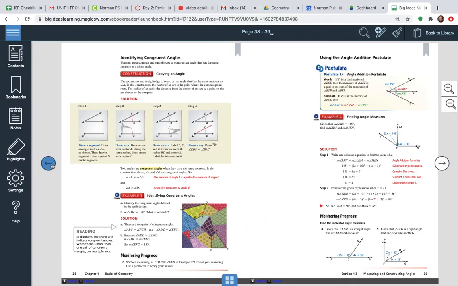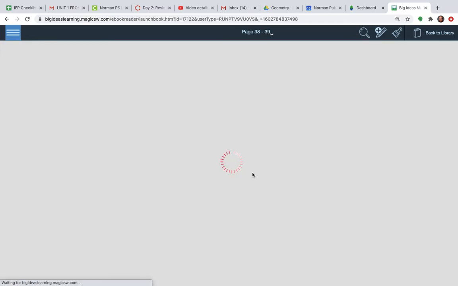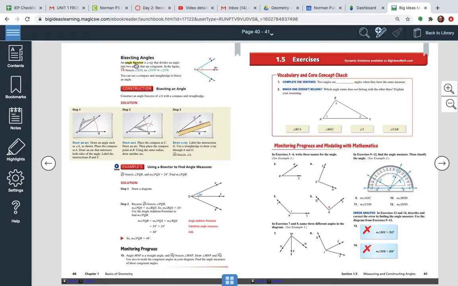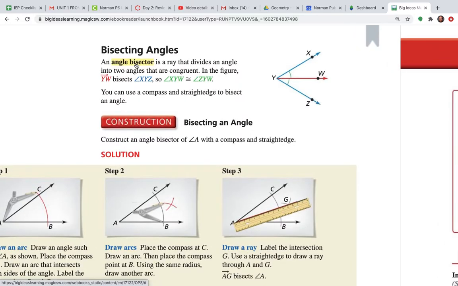Okay. I think there was one more vocab word. Angle bisector. Now this is really important. We talked about segment bisectors, but only a little bit. A segment bisector cuts a segment exactly in half. Bisect means exactly in half.